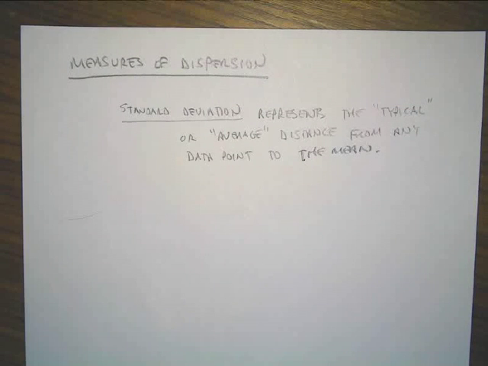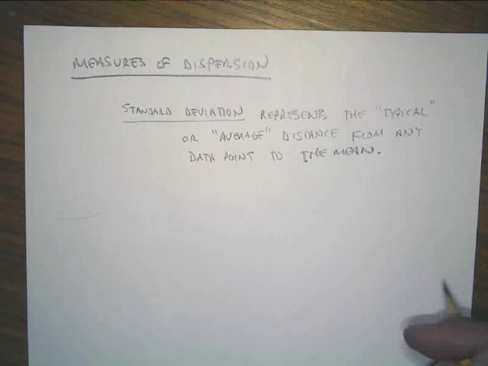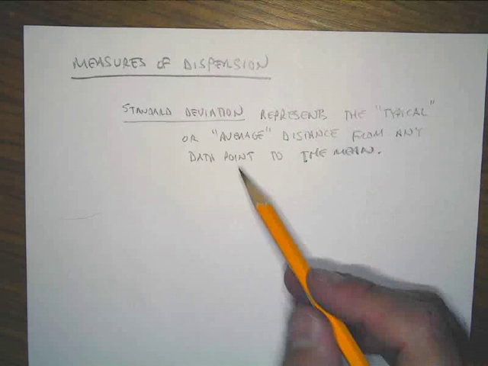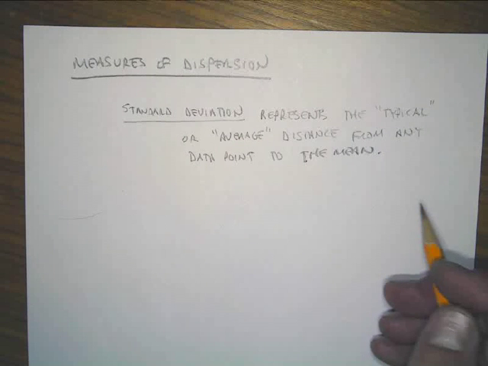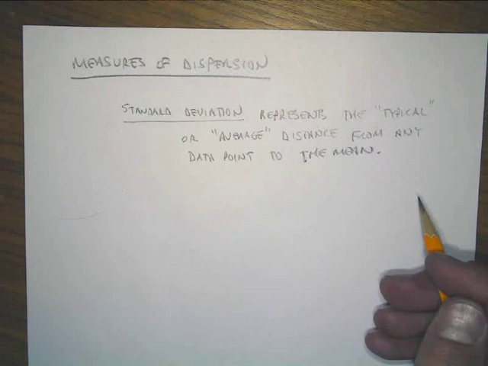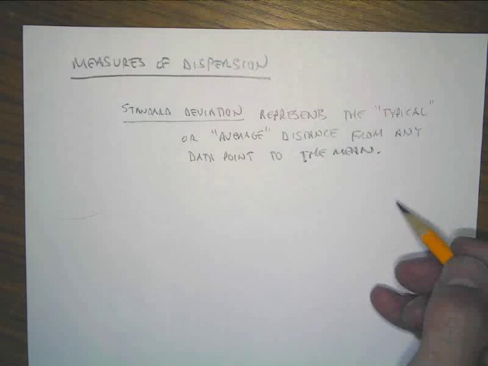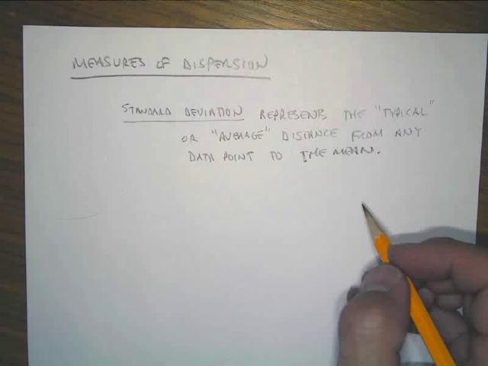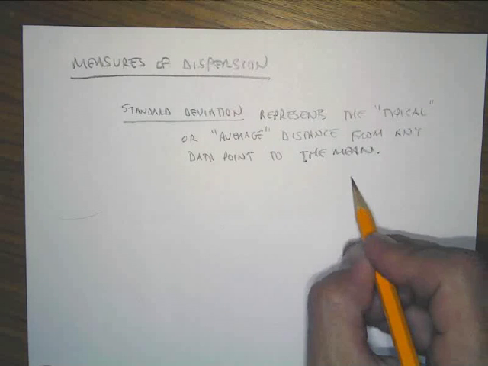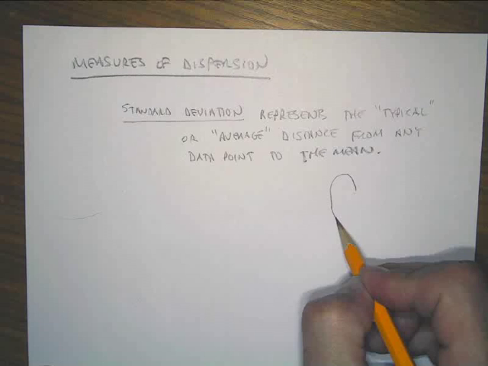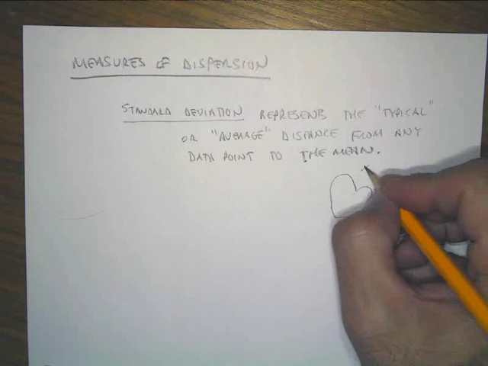All right, so let's talk about this. Before I tell you more, I need to explain that there's actually two different types of standard deviation. To understand what they are, I'm going to draw a picture of the lower peninsula of Michigan.